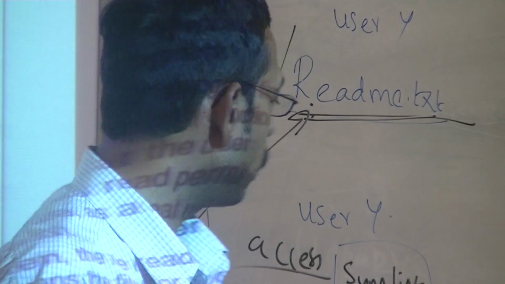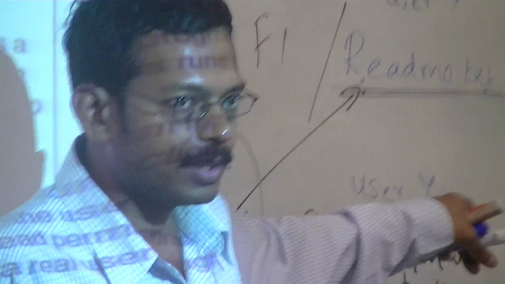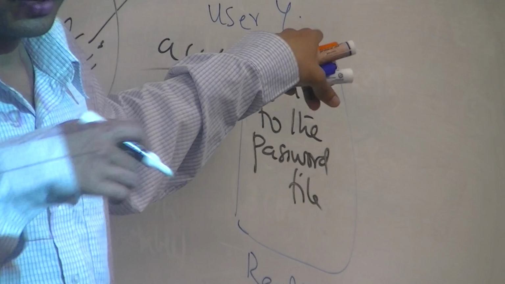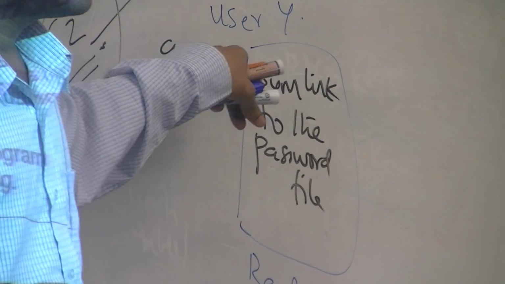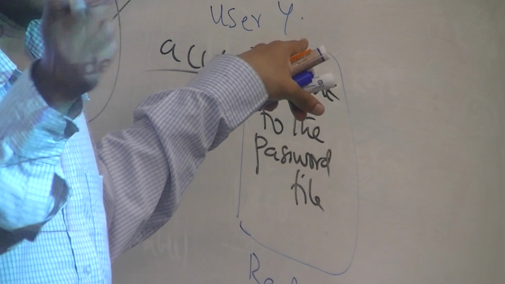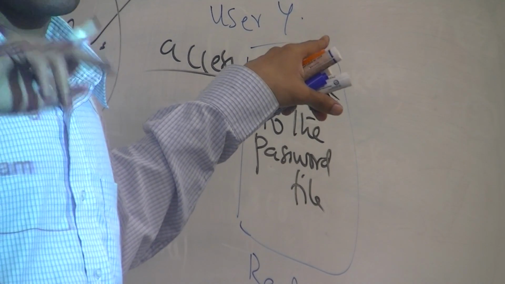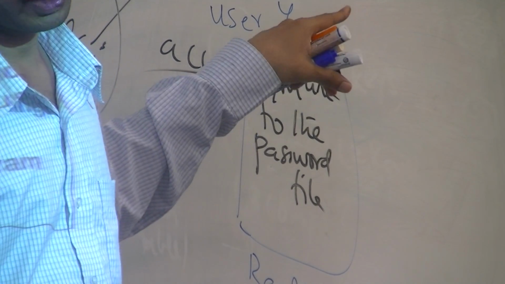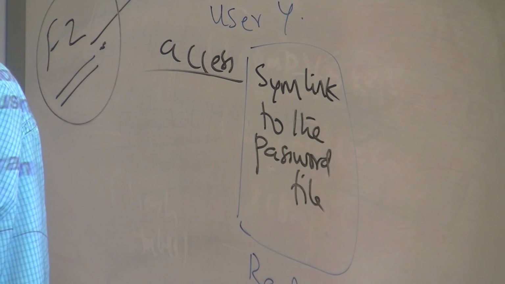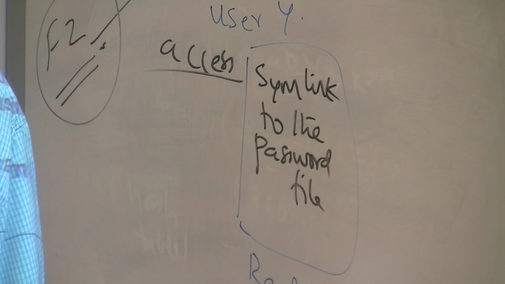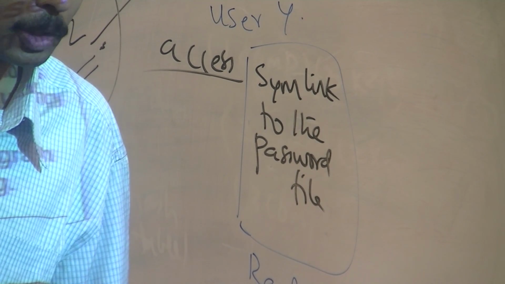Okay. So what the user does, through a second program running in the background, is quickly change back and forth. He has to do it in a trial and error approach. You cannot do it in one attempt. Why? Because when this program is using the access function to check whether he has read permission on the file, this has to appear like a regular file.